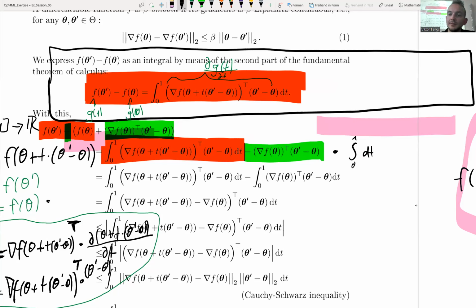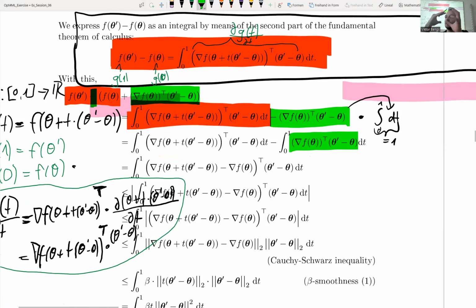It's a 1. This thing here, this in green, is a constant. It's not depending on dt. So we can also write it inside the integral, so we can write it as the integral ranging from 0 to 1 of this constant term, not depending on dt, multiplied with the 1 for which we do the integration, and this is it.